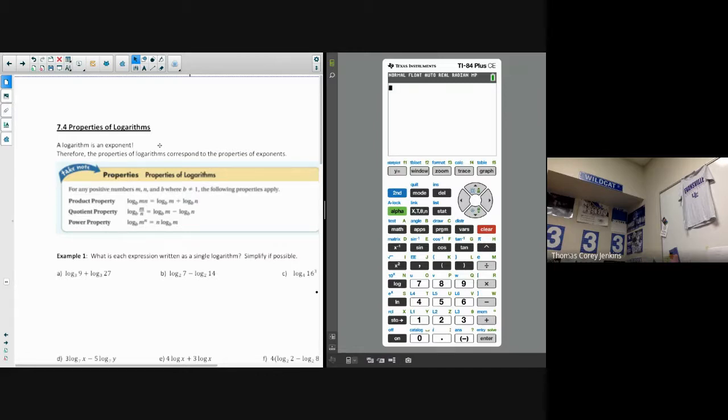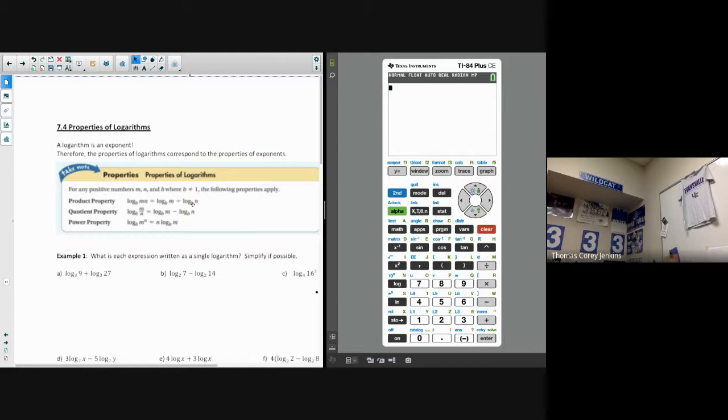Remember, if we have log base b of m times n, that would be log base b of m plus log base b of n, right? Remember how with our exponent rules, when we multiply powers that have the same base, we add the exponents. When we divide powers that have the same base, we subtract the exponents, and so on and so forth.